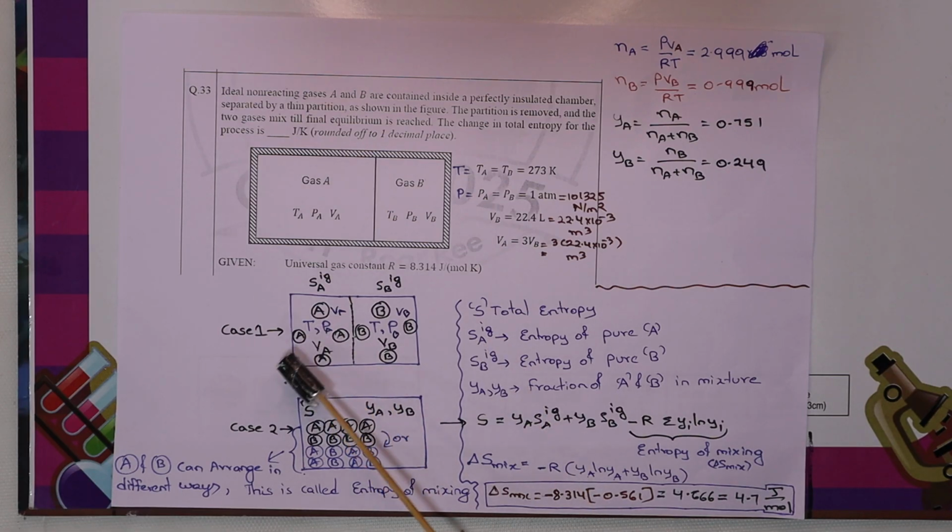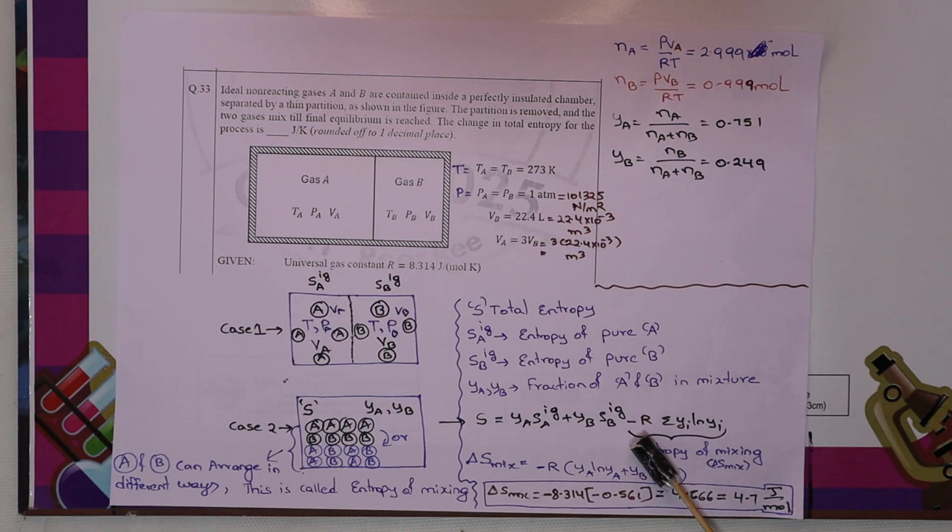Before, in case 1, the entropy of pure A is S A ig, and the entropy of pure B is S B ig. After both get mixed, you have to find the entropy of mixing. So, the final entropy of the mixture is Ya into S A ig plus Yb into S B ig minus R into sigma Yi ln Yi. Okay. This is what you are supposed to find out. That means the entropy contribution in case 2 is because of 3 aspects.